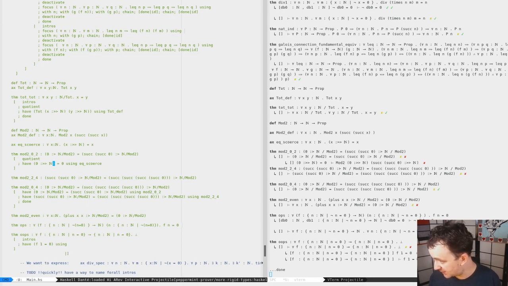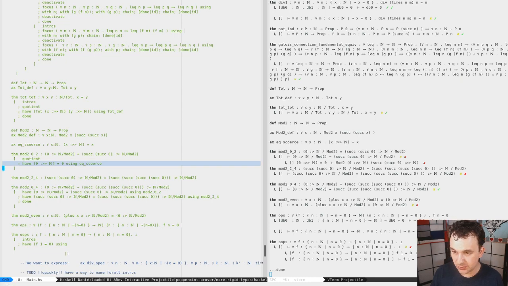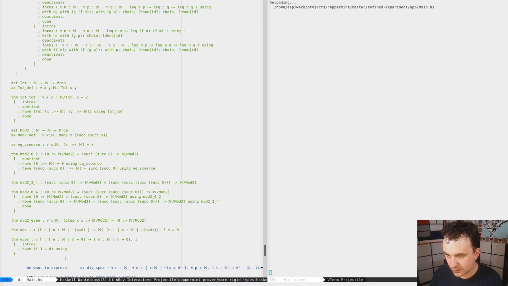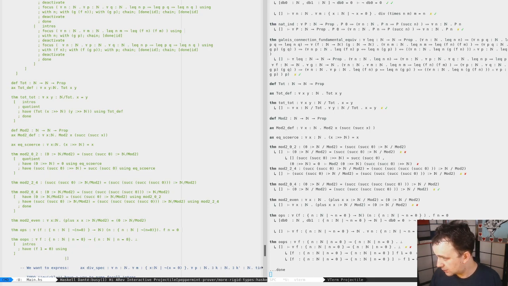Fantastic. So now we know that this is true. We just have to do it for sucks 0. Okay. So we know these 2 things, and we have to prove that mod 2 this.